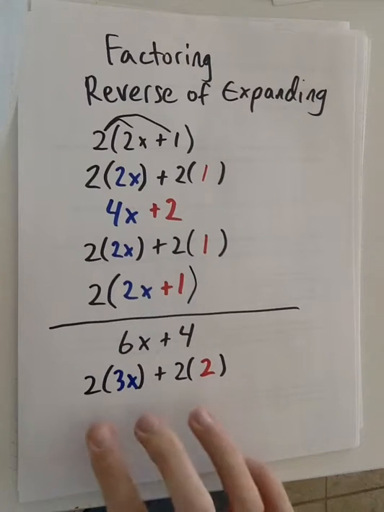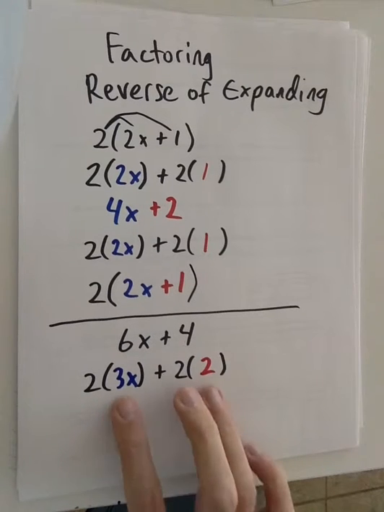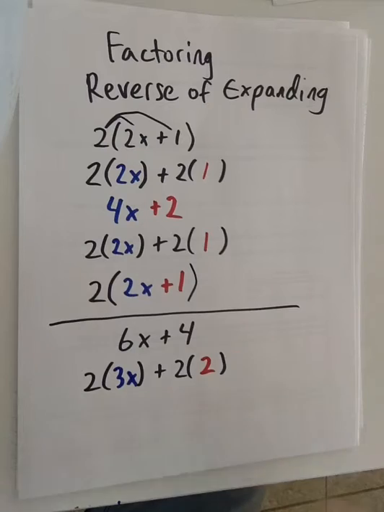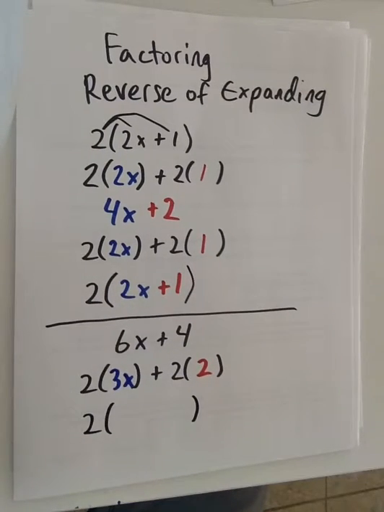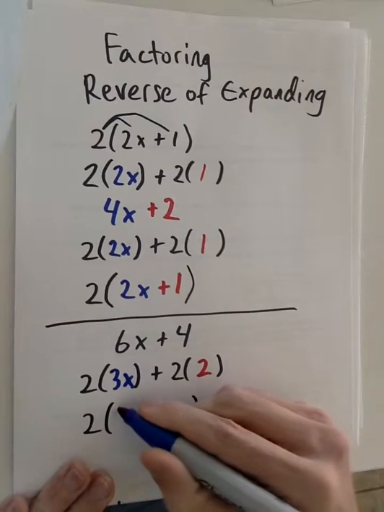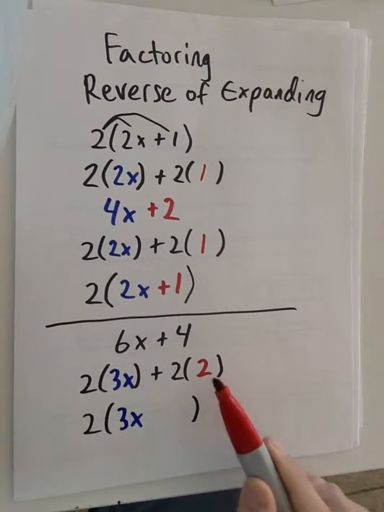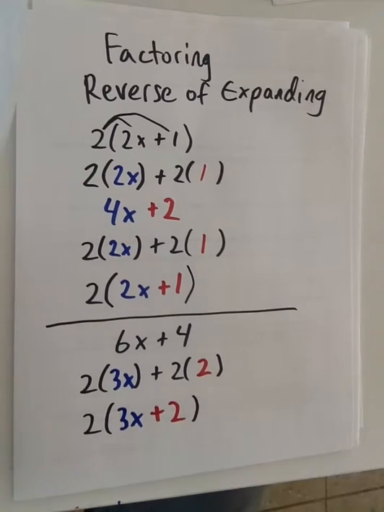So now we're one step away. Now we have 2 times each of these separately. So what we can do is write 2 times both of them together, which would look like 2 times 3x, and because it's a positive 2, it's plus 2. And so now we have factored this expression.